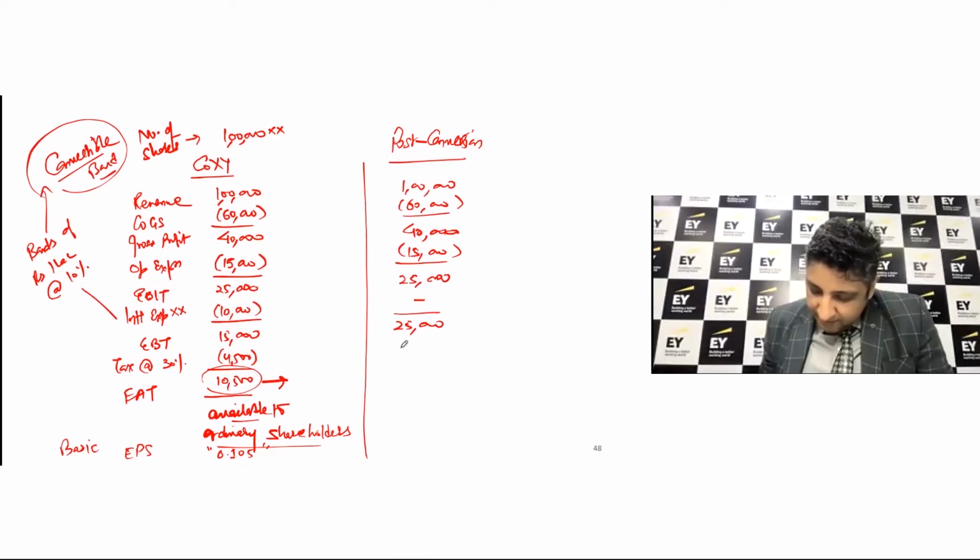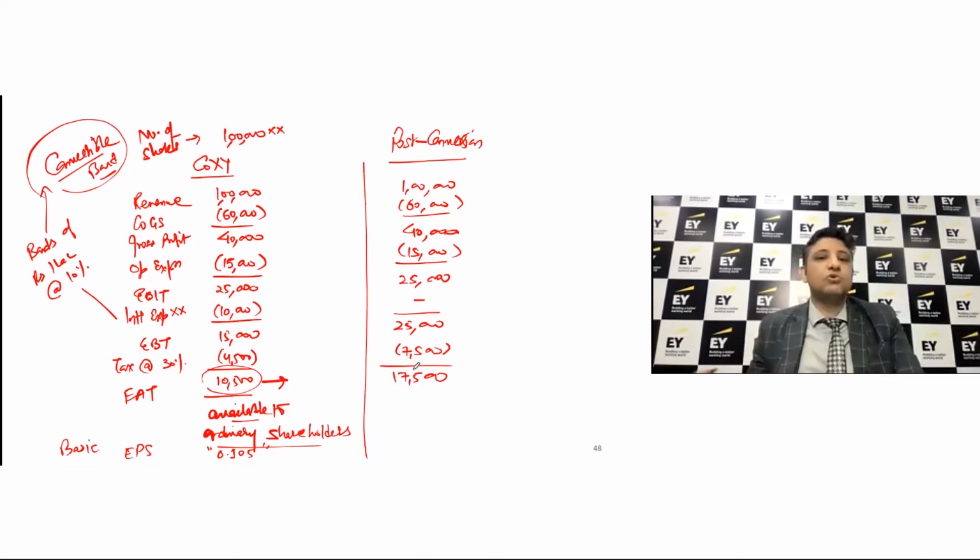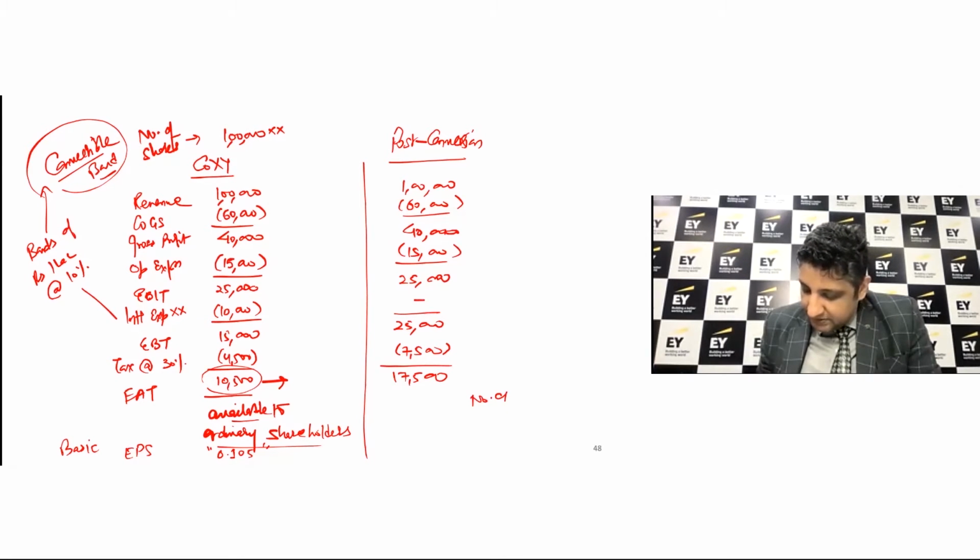Now, tax at 30% on this amount will be 7,500. That means your profit available to ordinary shareholders has increased from 10,500. It has become 17,500, right?